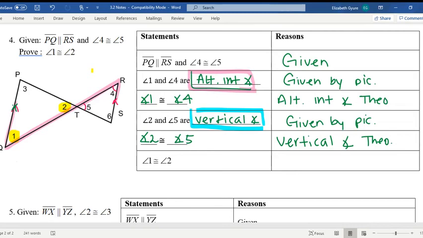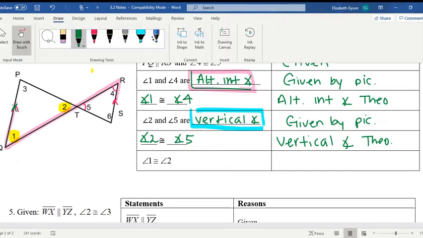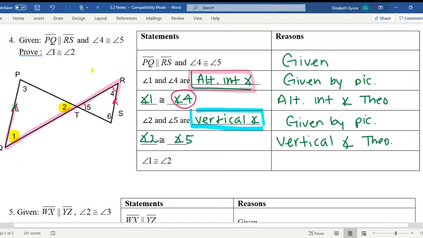Now it wants you to finish. It wants you to say 1 and 2 are congruent. How could you possibly do that? Where do we have information, Trey? Yeah, we could technically say transitive property, but you could think of it as substitution. We know that angles 1 and 2 are congruent to 4 and 5, right? And in your given, weren't you told 4 and 5 were congruent?